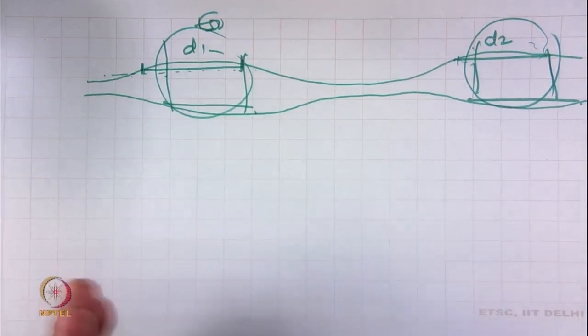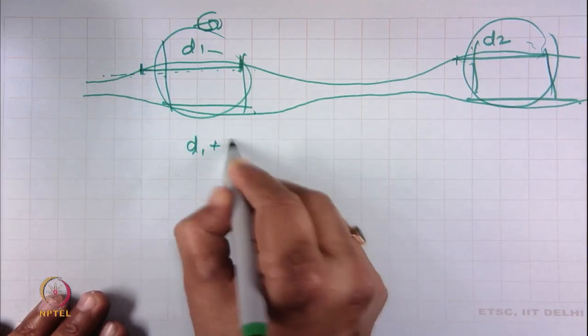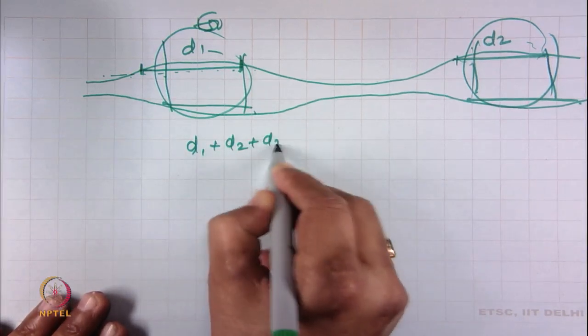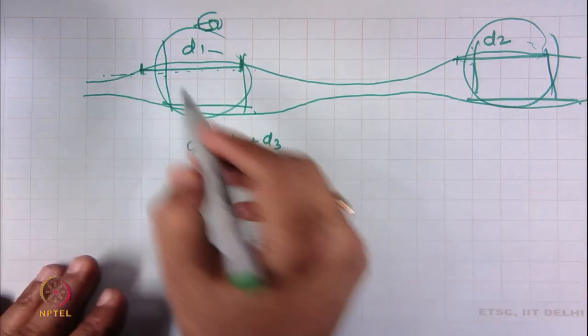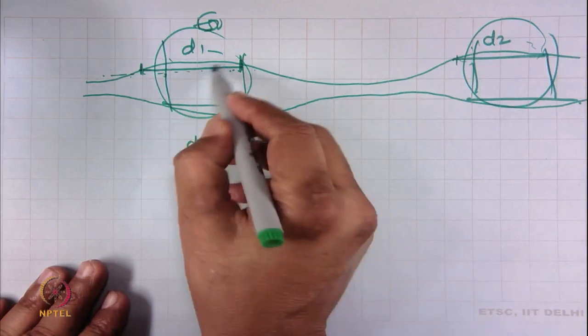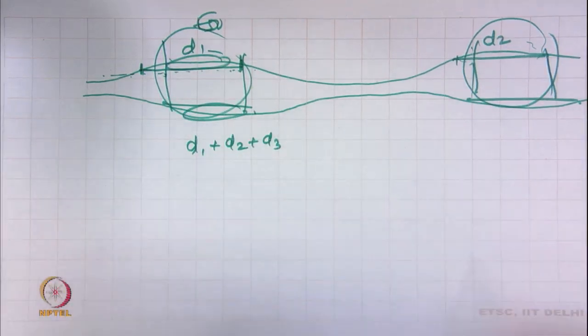In this way, we will keep on adding D1 plus D2 plus D3, only those lengths of portions of yarn where the mass per unit length is more than 50%.